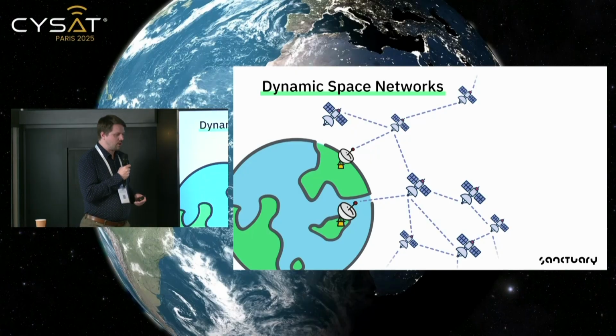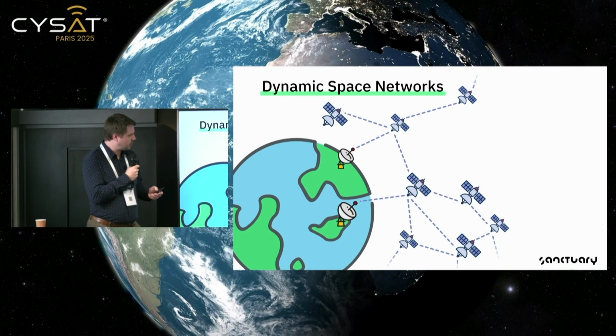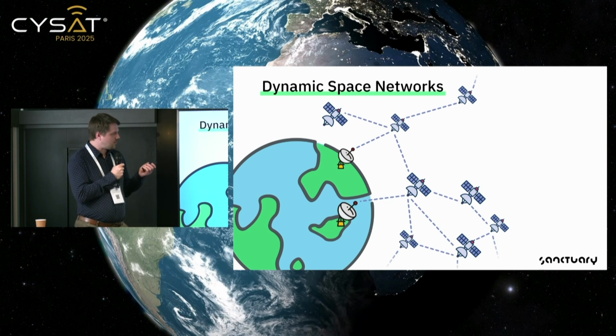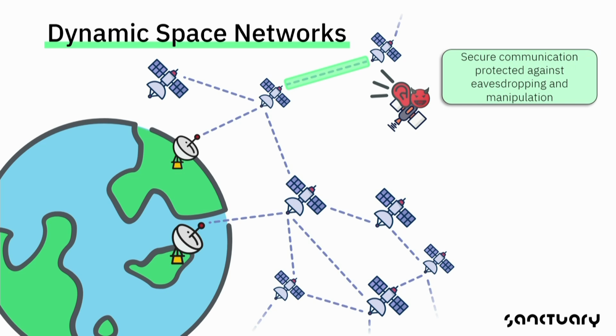This is now looking a little bit at how this impacts space networks and that they are dynamic nowadays. So first of all, the basis that we are looking for is, of course, secure communication. This means we want to prevent eavesdropping, so the malicious actor cannot listen in on confidential data, but it also means that we want to be protected against manipulation.